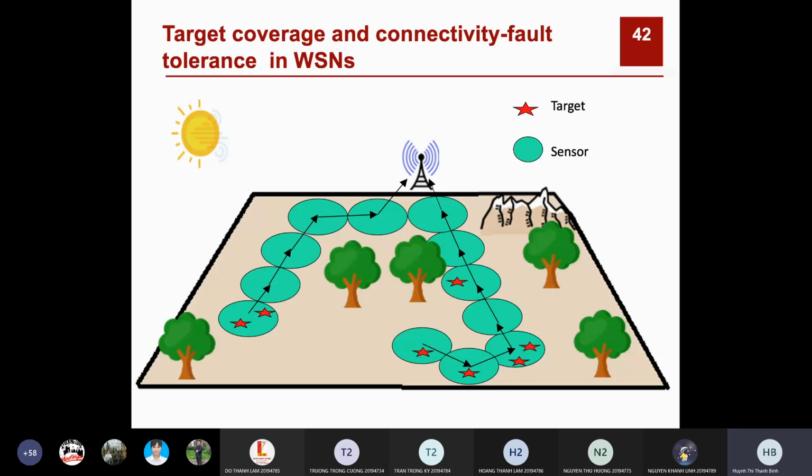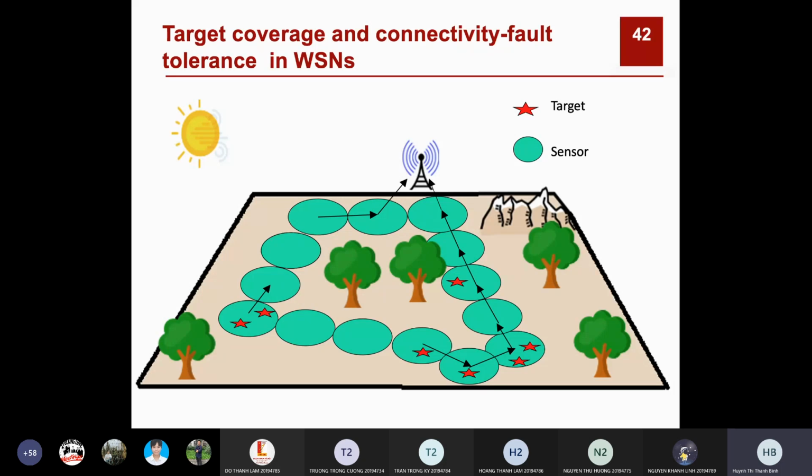So the problem here is how to put the sensors, and how many sensors you need, so that the wireless sensor network will still be working all the time. For example, you put in one or two more sensors here.